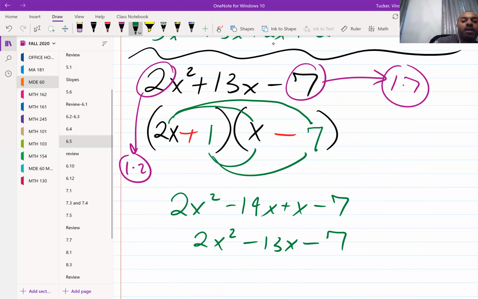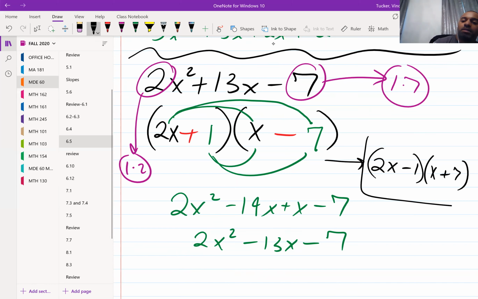But notice we had plus 13. So whenever that's the situation, all you have to do is just switch your signs. Once again, we had to switch our signs because what we had gave us negative 13, but we wanted positive 13.